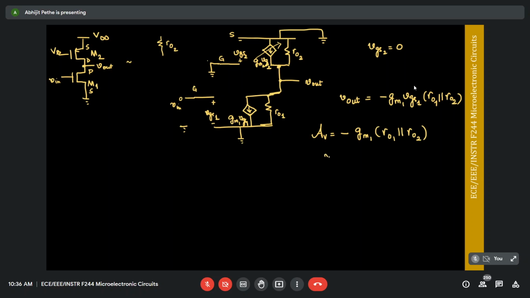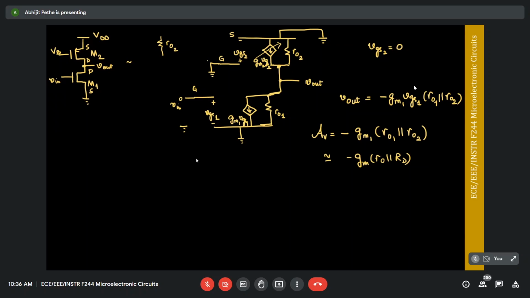This looks very similar to gm times ro parallel RD. What M2 is doing, because you've connected M2 in saturation, is offering an equivalent small signal resistance of ro2.